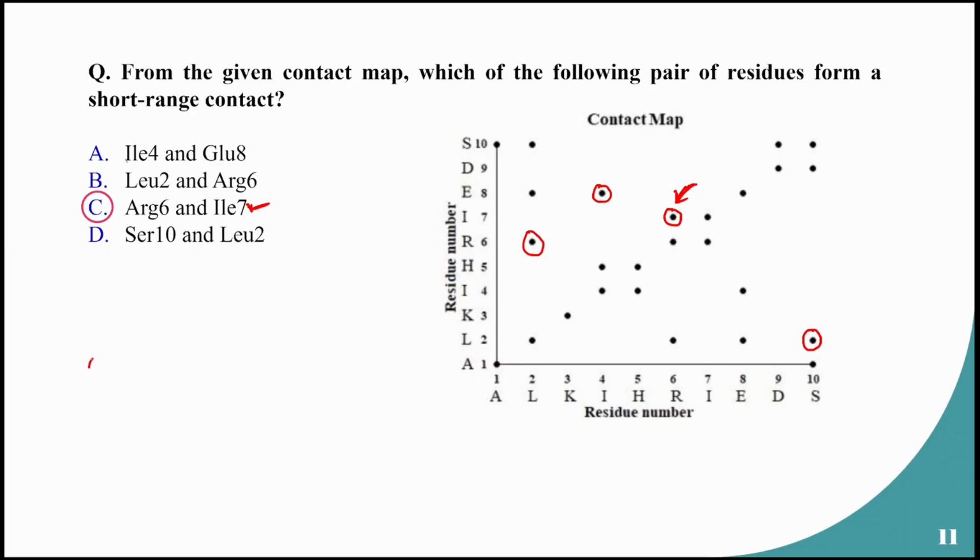So an alpha helix will look something like this, right? And then your beta strands will be something like this. These will be connected by different loops, of course. Beta sheets will have long range contact.